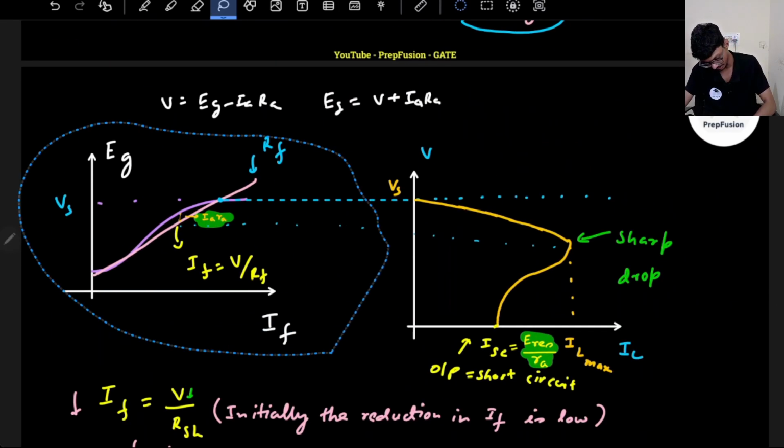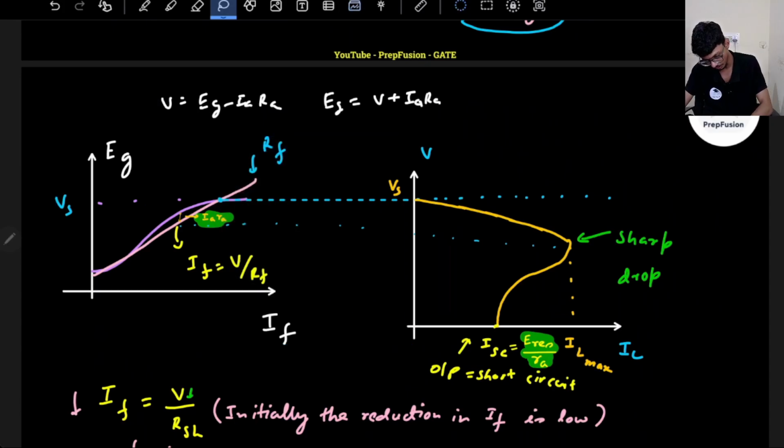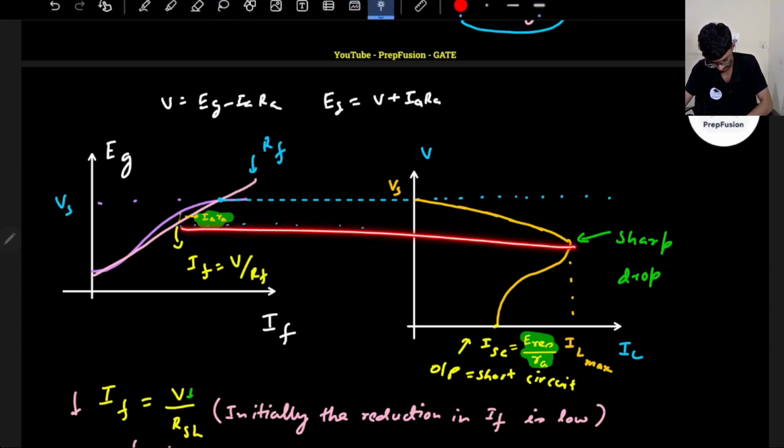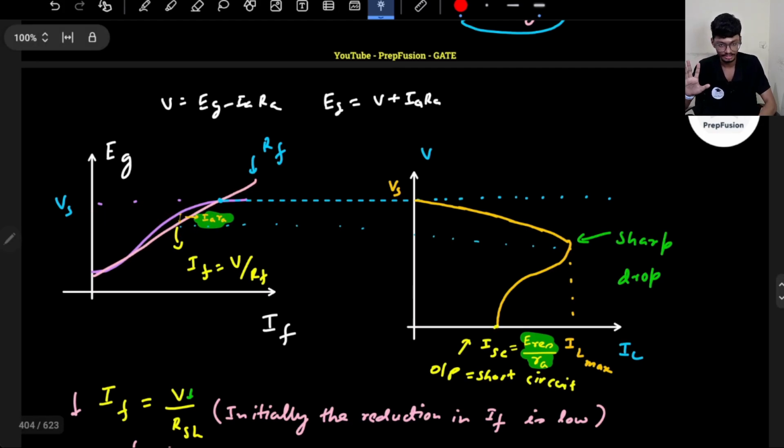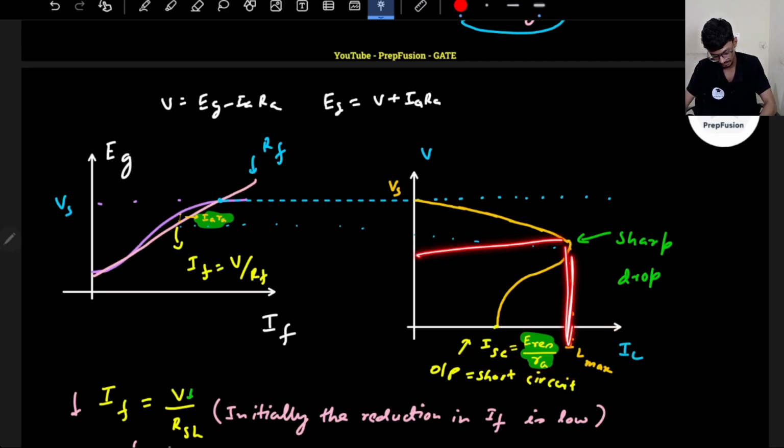We extend this point to the open circuit characteristics on the field resistance slope, and then we add the extra additional drop, and that gives us the safe operating voltage at maximum load current. Or directly you can find it from here as well, that also works.